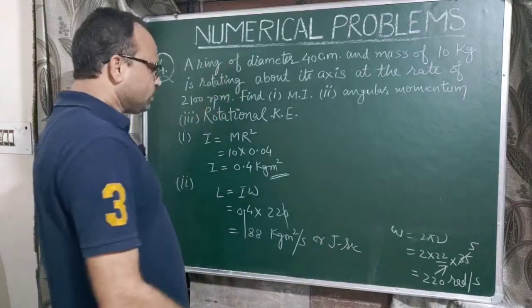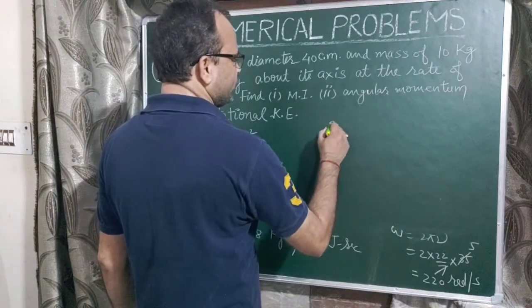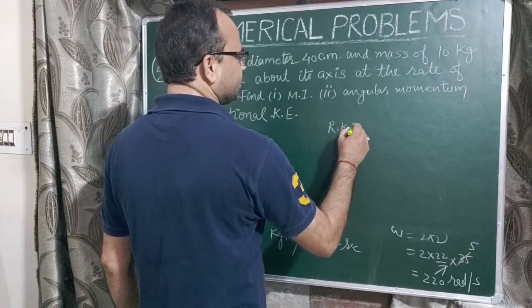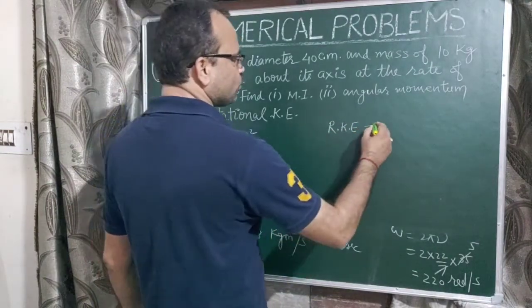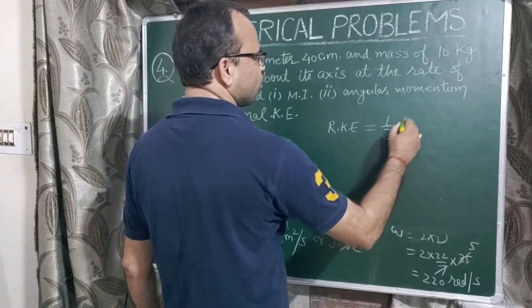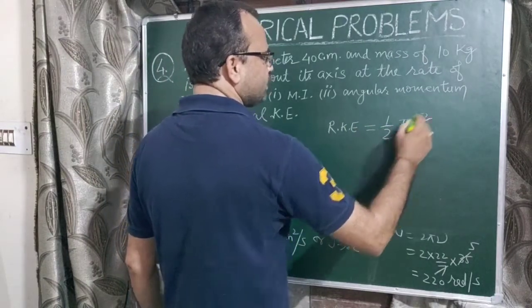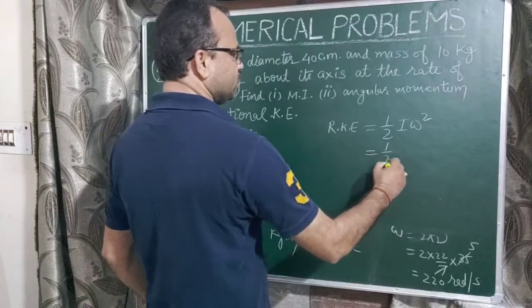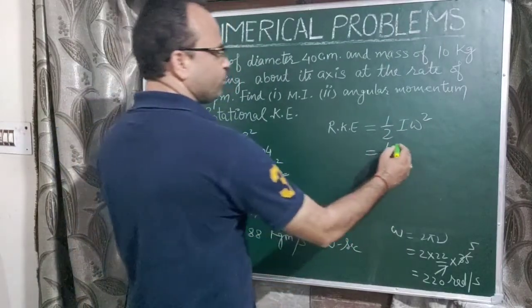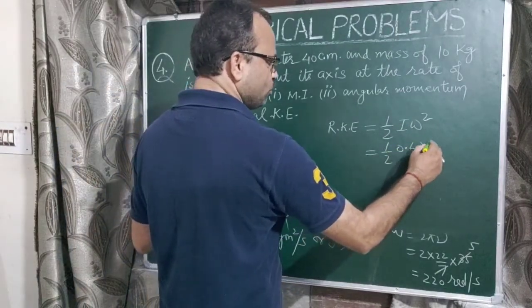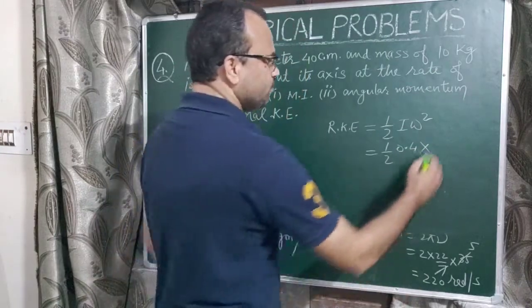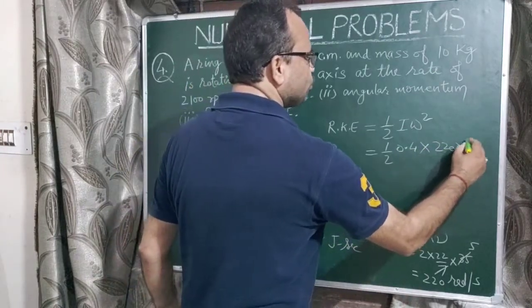Okay, in the third part we have to calculate the value of rotational kinetic energy. So as we know, the rotational kinetic energy is 1 upon 2 I omega square, right? Now put the value of I here. The value of I is 0.4 into the value of omega, 220 into 220.